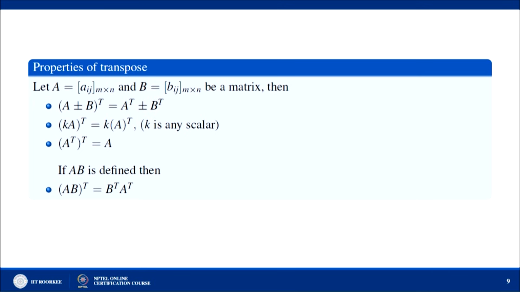Now, properties of transpose. What do you mean by transpose? Transpose means you interchange rows and columns. Suppose A is any matrix, say with entries 1, 2, 3, 4, 5, 6. It has 3 rows and 2 columns, and you want to find A transpose.